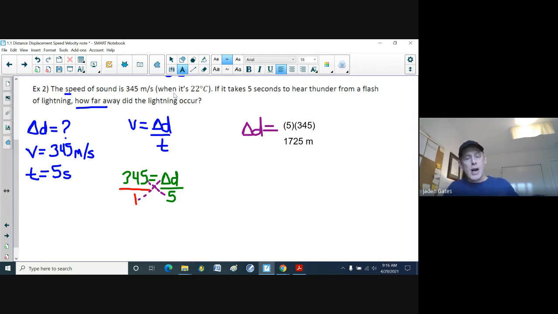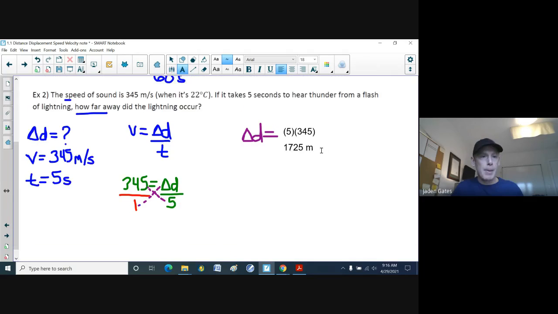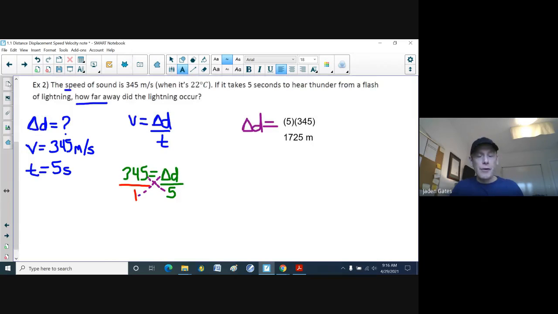So if it's the summertime and you see lightning, and then you count to 5 seconds, that means the lightning strike was 1,725 meters away. And that's why people do that. Roughly, they say for every 3 seconds, it's a kilometer. Roughly. But we're getting more accurate here.